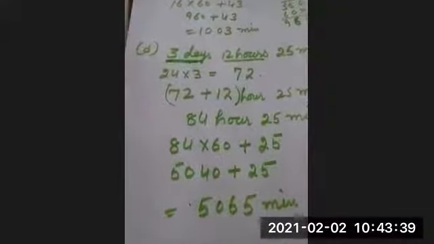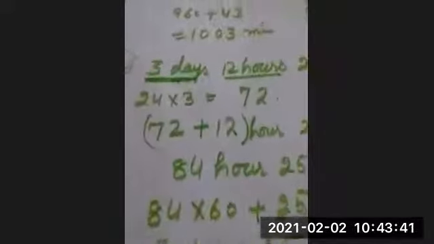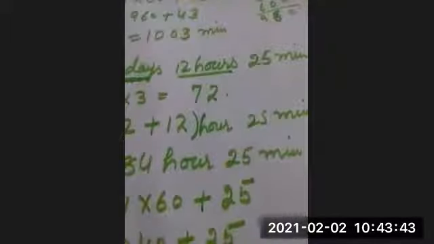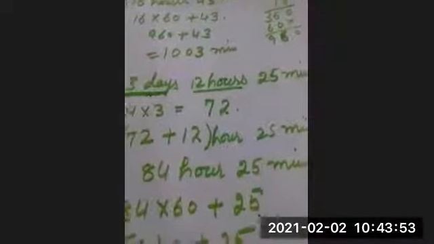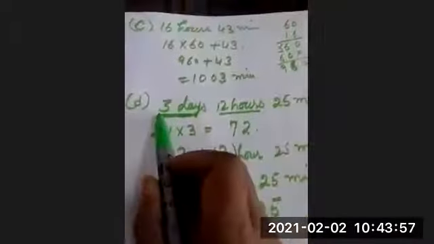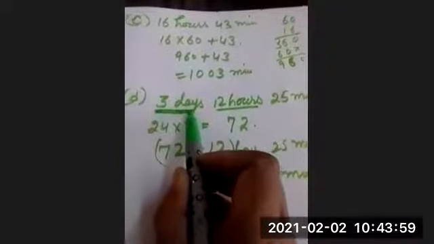In part D, we have 3 days, 12 hours, 25 minutes. Now convert 3 days, 12 hours, 25 minutes into minutes. In the first step, we will convert 3 days into hours.